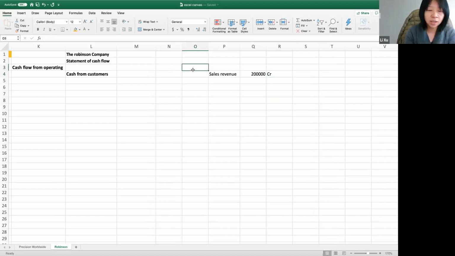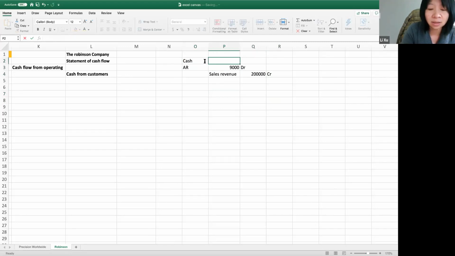So here I put account receivable, and the increase in account receivable here is 9,000. I'm going to put it as a debit because I know that's the normal balance. Now, to make this balanced, another account has to be cash, right? If it's not paid by account receivable, it has to be paid by cash. So cash is just the difference between these two.